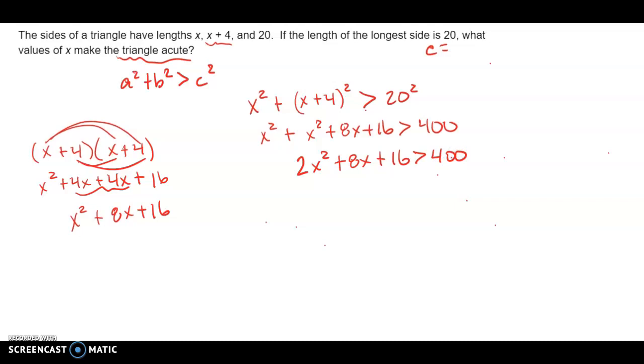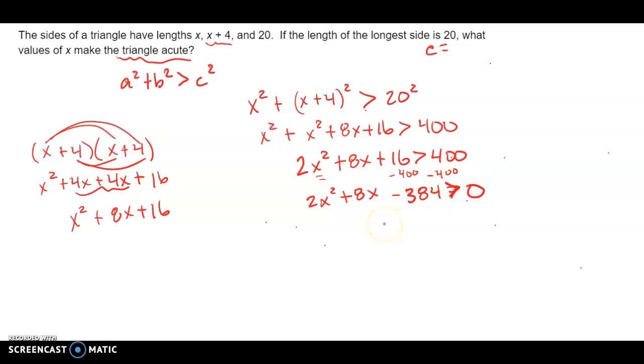I get to this step and there are a couple of different things we can do. Number one, we recognize it's a quadratic, and what I mean by that is I've got this x squared term. So I need to get everything over to one side. Let's go ahead and move our 400 over. So minus 400 gives me negative 384 that's got to be greater than 0.